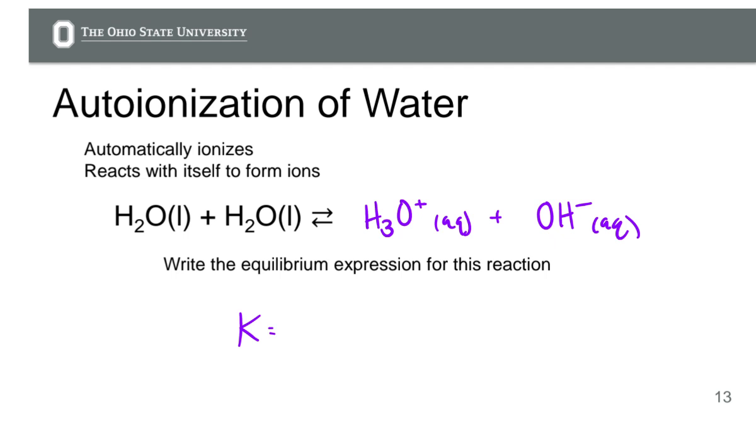All right. How do we feel about that? So the equilibrium expression for this reaction is K equals H3O plus times OH minus. And that's it. The waters listed as reactants are in the liquid phase, so we don't include that in the equilibrium expression. So that is K. This is a special K. Water is special, so we give it the symbol Kw.